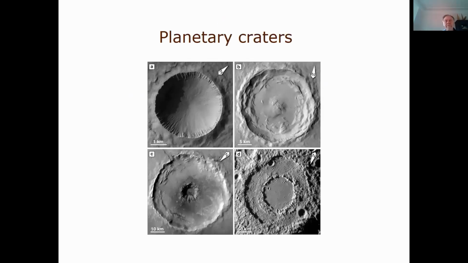Planetary craters are the directly observable result of an impact to the surface of a planetary body. Now they tend to come in many different sizes and many different subgrades. Here is a series from the upper left to the lower right that increases the size of the diameter of the crater, and also the complexities are increasing.